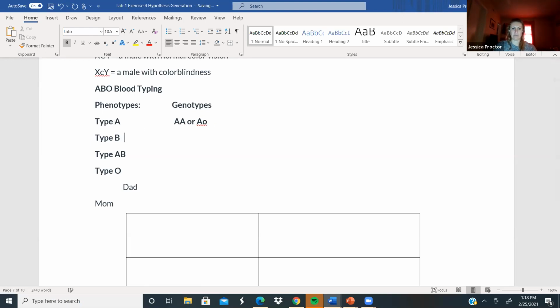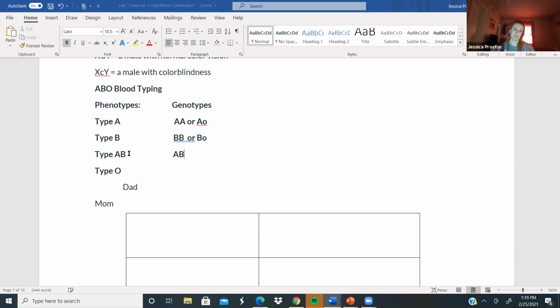Same deal for type B. If you're blood type B, your genotype could either be homozygous dominant, so two capital Bs, or you could be BO, like that, because as long as there's at least one dominant allele there, you're still going to be blood type B. If you're blood type AB, that's what we call the co-dominant condition. So that means you have an A allele from one parent and a B from the other.